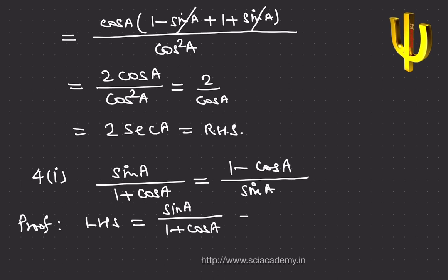Now multiply this with the conjugate of 1 plus cos A in the numerator and denominator.